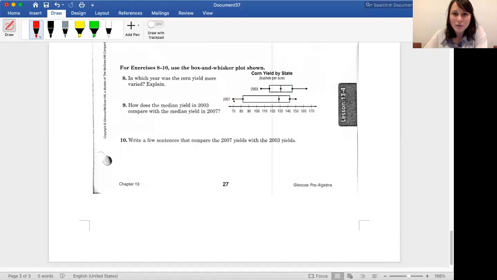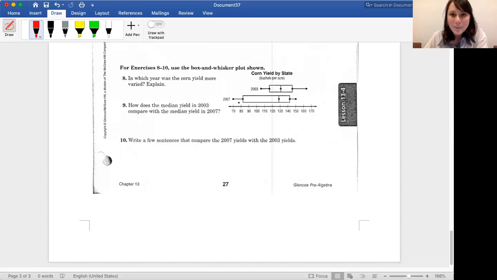It asks in which year was the corn yield more varied, meaning there's a wider range of yields of the corn, right? So different states yielded a different amount, and we're looking at all the states that grew corn and how much they actually produced.